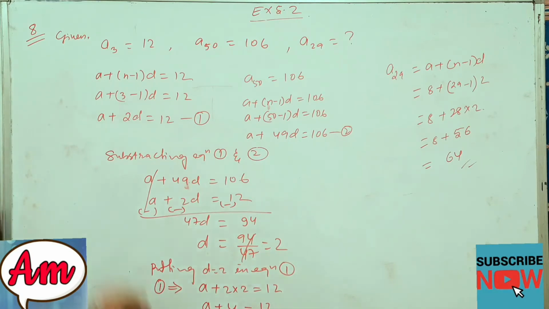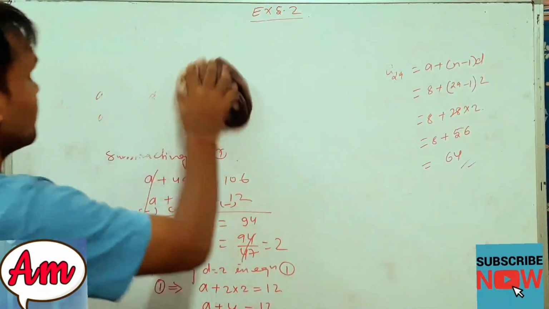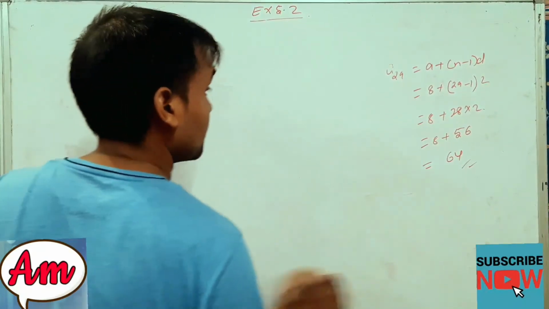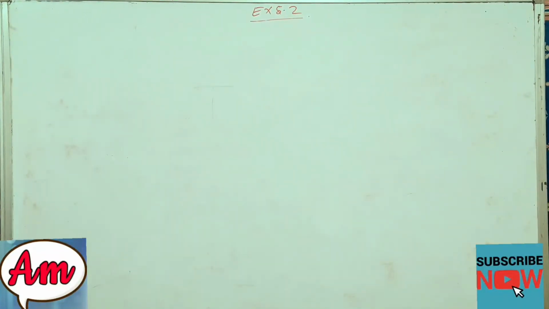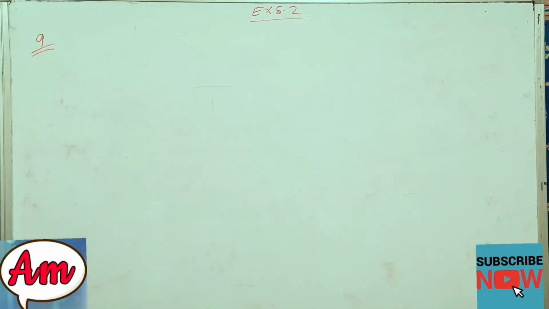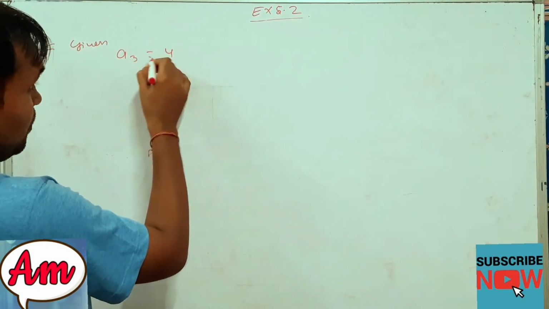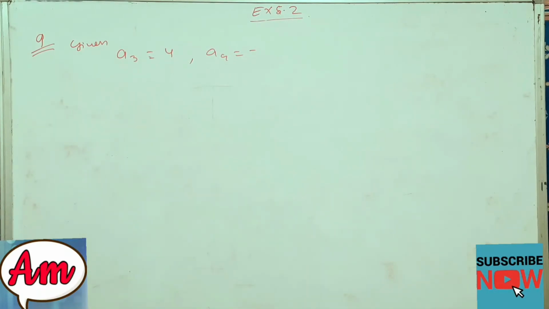Question number 9. What does it say? If the third and the ninth term of an AP are 4 and minus 8 respectively, that means the third term is 4 and the ninth term is minus 8.